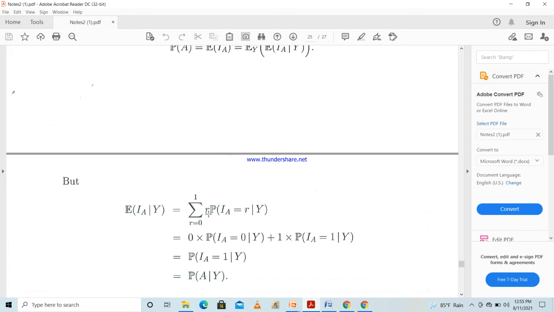Since this is an indicator variable, r can take only two options, either 0 or 1.